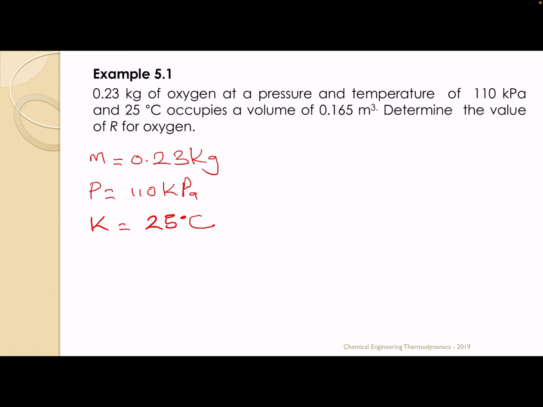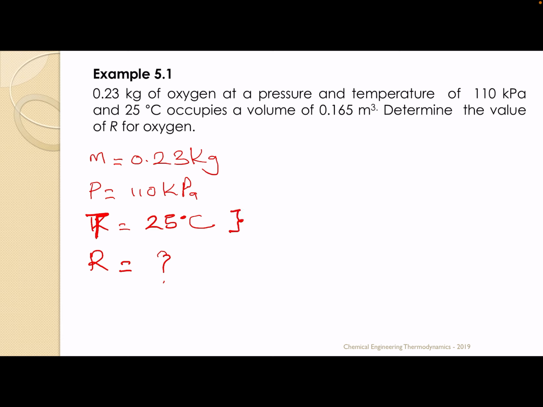Remember, we've said this temperature shouldn't be in degrees C. Remember we've said that we always need to watch out for consistency of units, and then our question is to look for R. That's what we're looking for. And if you remember, whenever we are dealing with R, the unit has Kelvin in it.